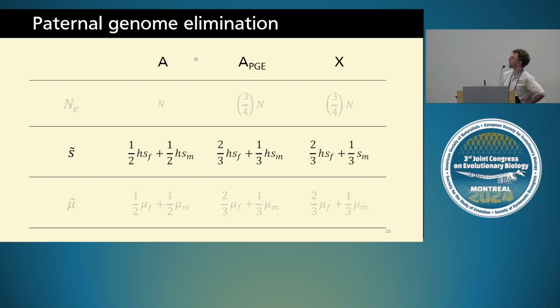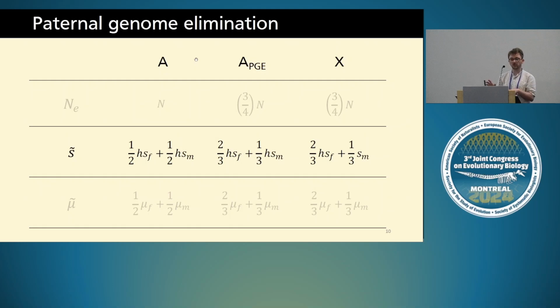Again, if we think about selection coefficients in these systems and the effective selection coefficient, in a standard autosomal system, genes will spend half their time in females and half their time in males. In both sexes you'll be diploid, and so in both situations, the selection coefficients will be modulated by the dominance coefficient.